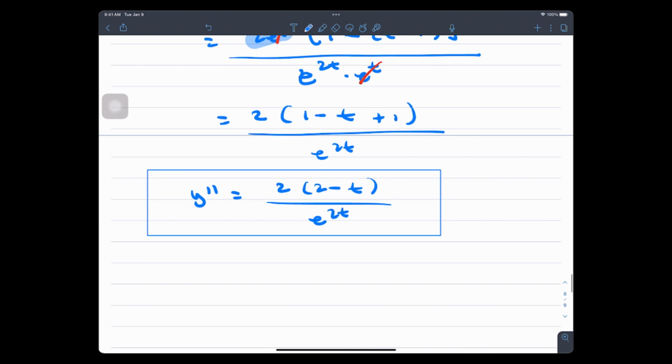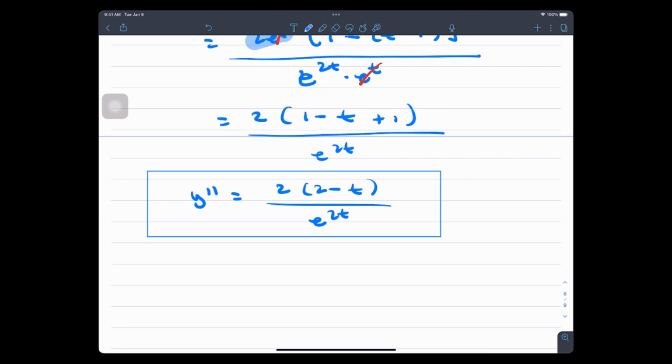Oh, why don't I distribute right here, 4 minus t? No, it's fine as an answer. You know, it's factored form and it's okay. And, you know, so here's a second derivative.